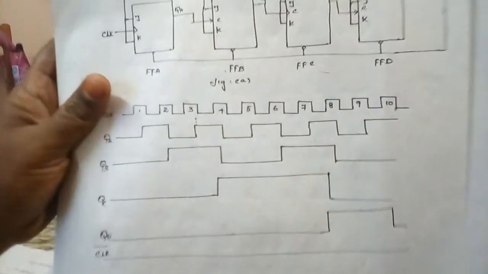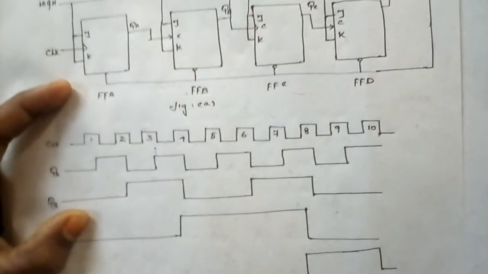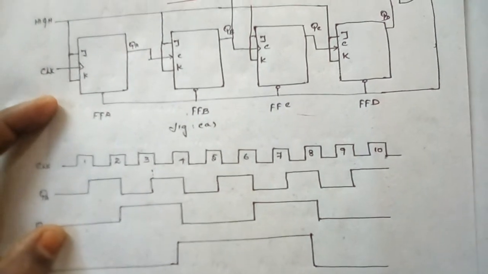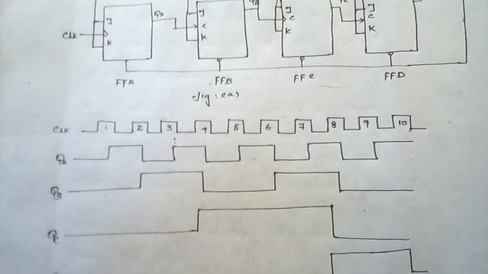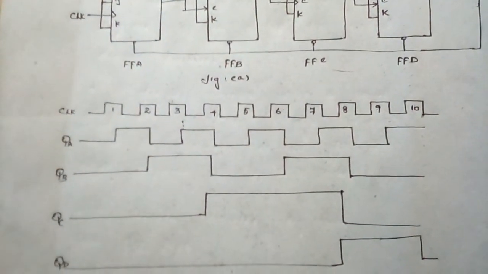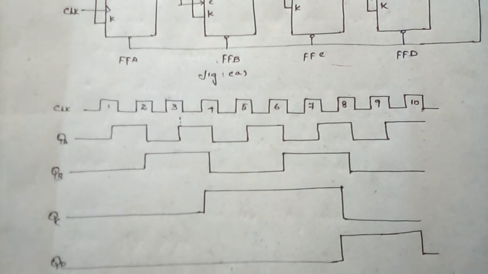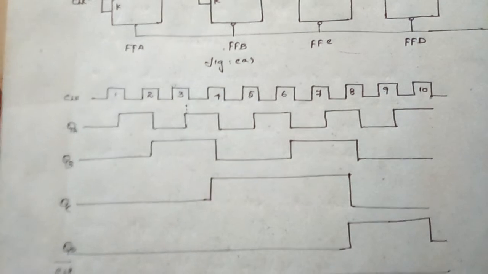If both inputs are high, we know in the JK flip-flop it toggles. Toggle means it transits, that means it changes state. The output of QA is the clock of the next stage, and due to this there will be propagation delay, and the timing diagram is given for the counting of 10 states.